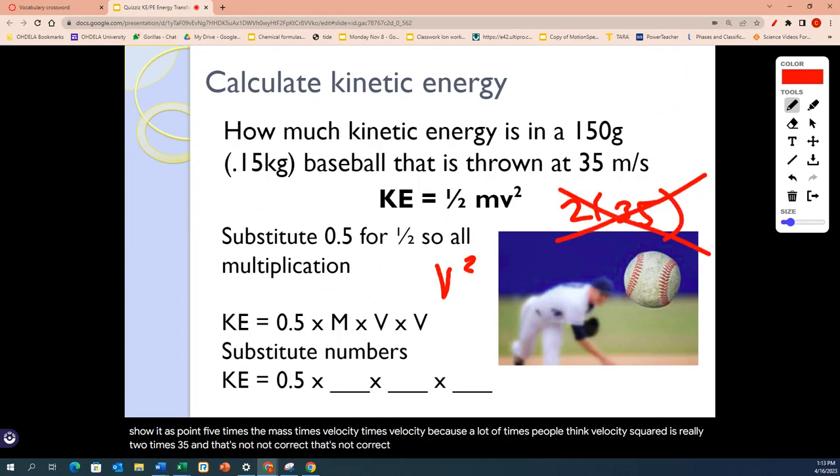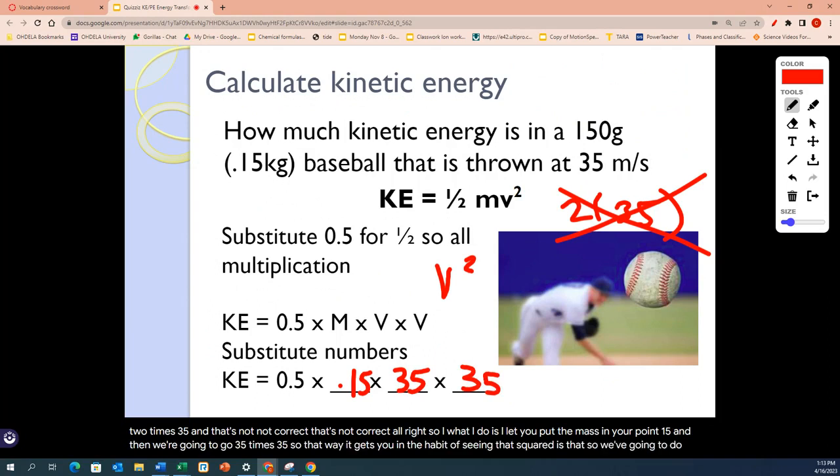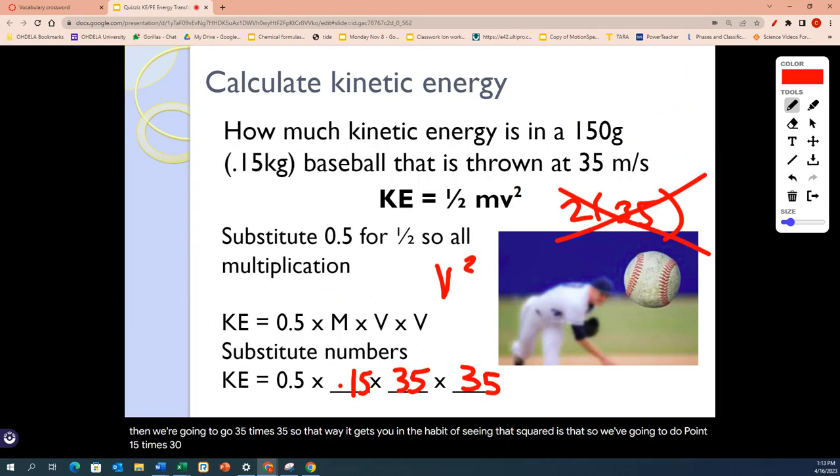So what I do is I let you put the mass in here, 0.15, and then we're going to go 35 times 35. That way it gets you in the habit of seeing that squared is that. So we're going to do 0.15 times 35 times 35. I get 183.75.